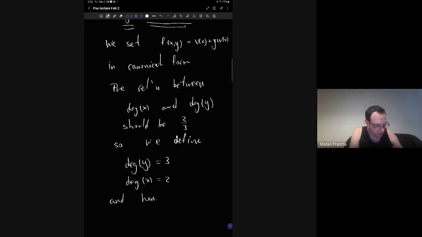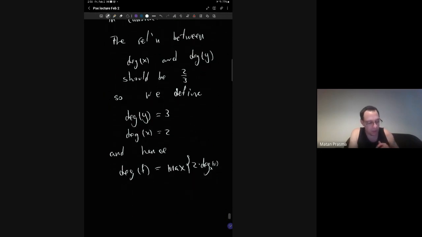And hence, the degree of f is going to be the maximum between 2 times the degree of v. Remember, v is just a polynomial in x, so it has a well-defined notion of degree.